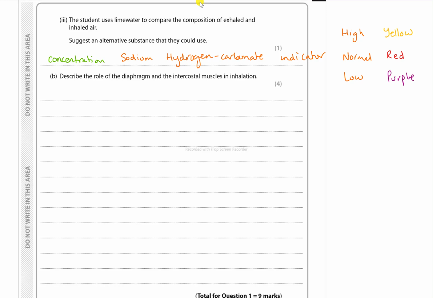So at normal levels it's red. When you've got an increase or it's high, it's going to be yellow, and when it's low levels of CO2, it's purple.